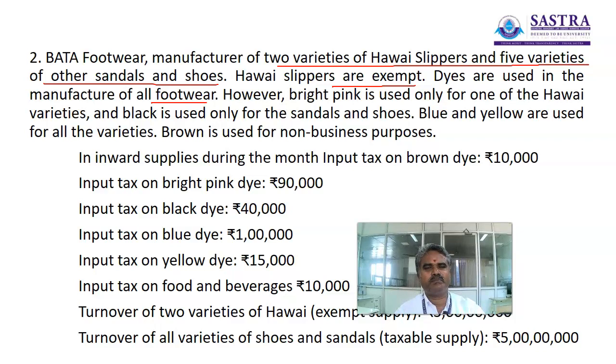However, bright pink is used only on the Hawaii varieties. The black is used for the sandals and shoes. Blue and yellows are used for all the varieties. Brown is used for non-business. So brown is non-business.